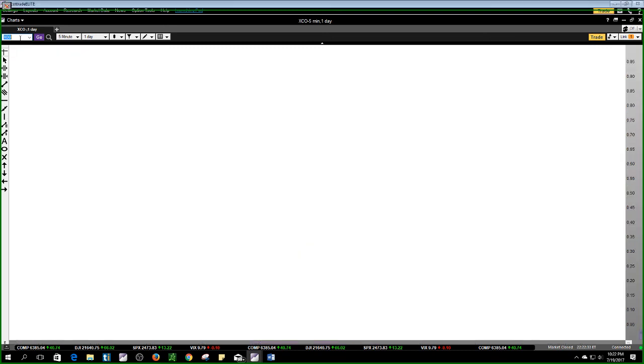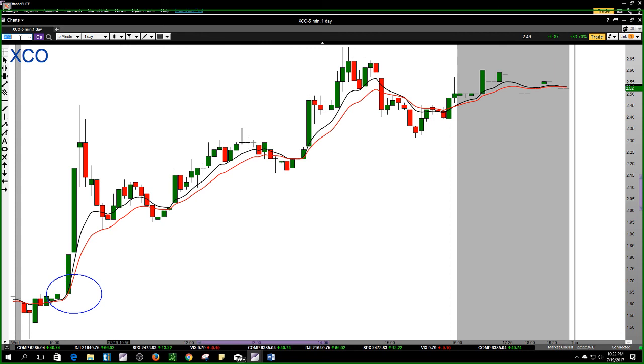And I did XCO on the pullback at $2.01 average on the long side. So out of 6 trades that I did, 5 of them worked, and today's tally was $3,073 in gains.